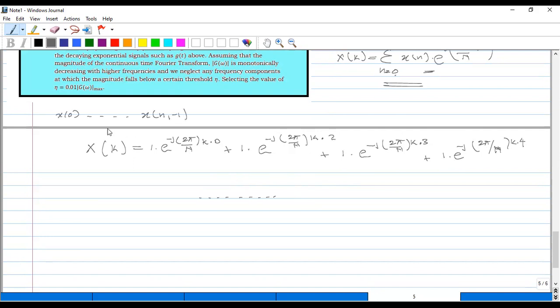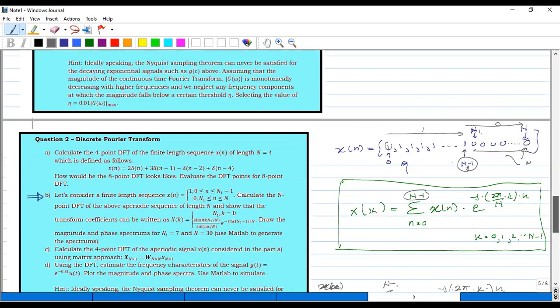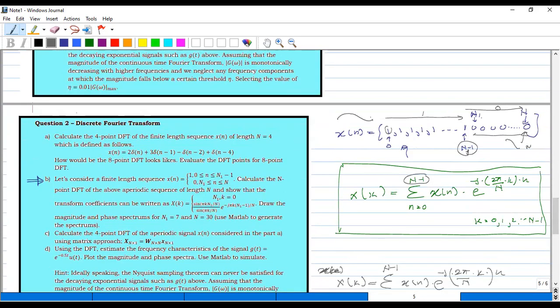I think you can understand this, very simple. This is x[0], this is x[1], likewise x[2], x[3] are also ones, up to x[N1 minus 1]. So all these are ones.